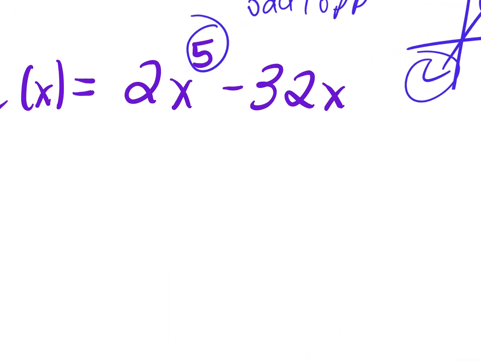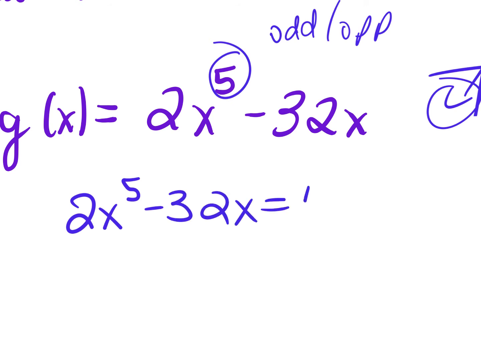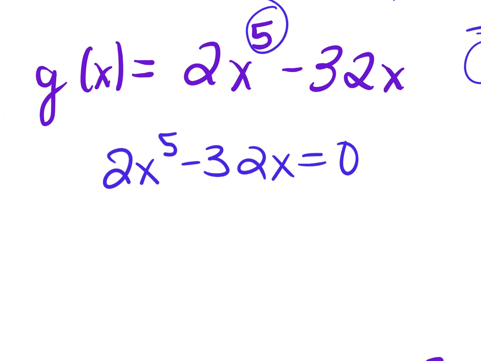Now we're going to find the zeros. Help yourself out here. How many answers should I get? I should get 5. Are they all going to be real? Maybe, maybe not. When we are factoring, when we're solving, the first thing we look for is, what can I take out of 2x to the 5th and negative 32x? Perfect, very good.